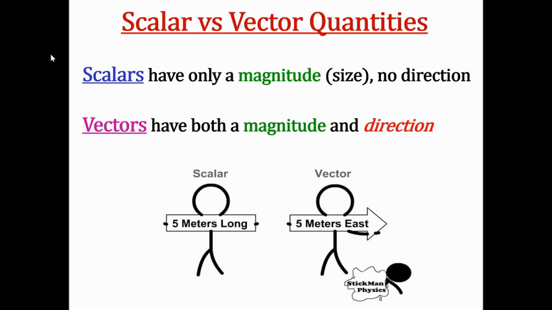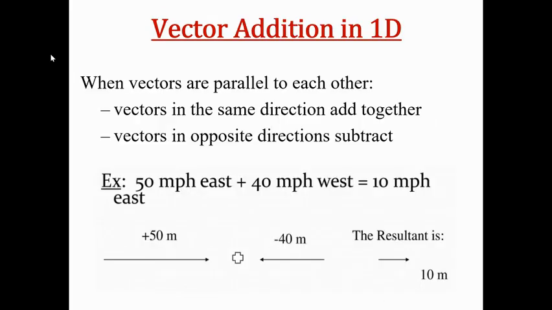Vector quantities have to have both magnitude and direction, and when adding vectors together, we have to take their direction into account. So far, we've only added vectors in 1 dimension, meaning the vectors have been parallel to each other. When the vectors were pointing in the same direction, we would add together their values to get our resultant vector. And when the vectors were in opposite directions, then we would subtract those vector quantities to get our resultant vector.